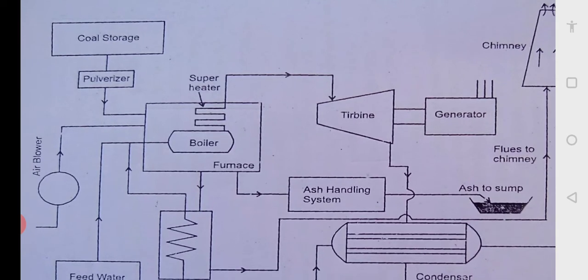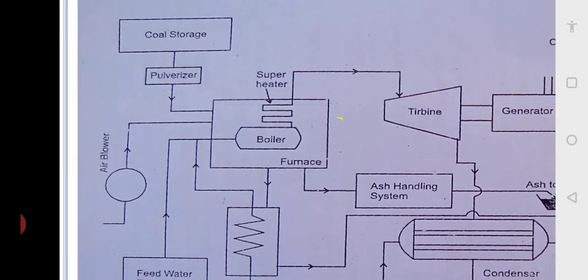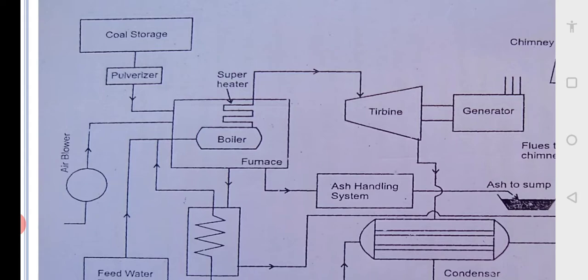And then the coal comes to the boiler, and to burn it we also supply air. You can see the round blower which supplies the air. That air is supplied for 2 reasons. One is to carry the fine coal powder, as well as for combustion of the coal powder.